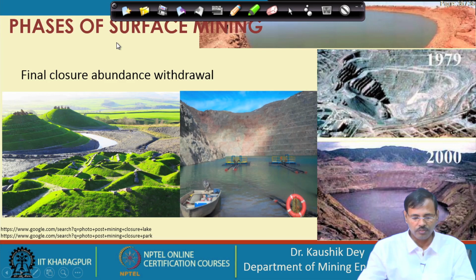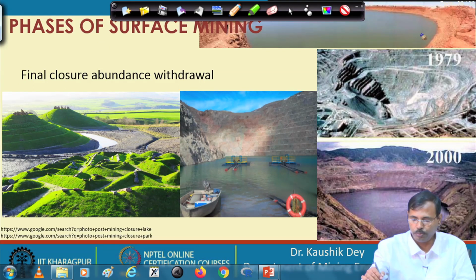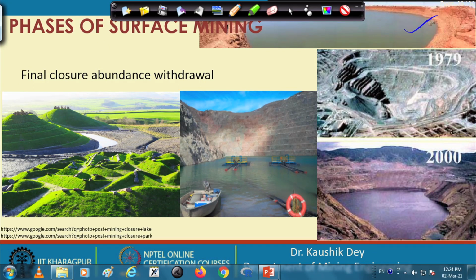These are the different final closing or abandonment of the mine. You can see in this picture the mine is converted into a water resource. This is a mine, you can see in 1979, this is the situation of the mine.